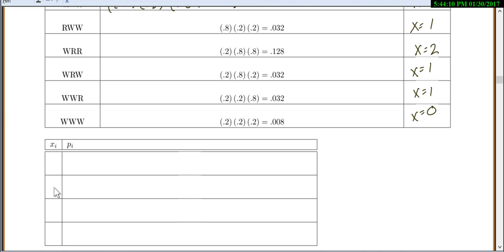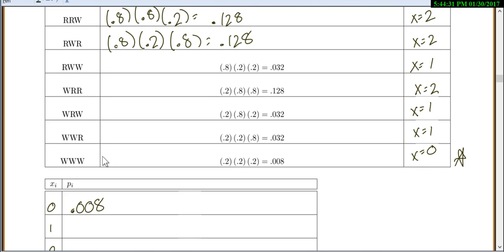So in my next table, I have a place for you to put each x value and each probability. So my x's range from 0 to 3. So if I want to get a 0, what's the only way you can get a 0? There's only one way you can get a 0 here, and that probability is 0.008. For a 1, how many different ways can I get a 1?